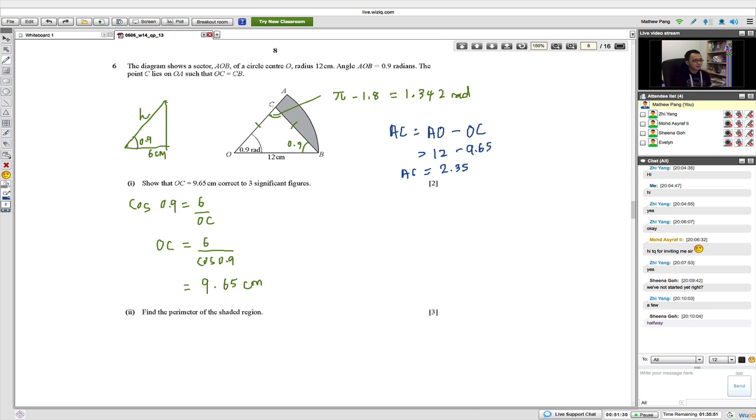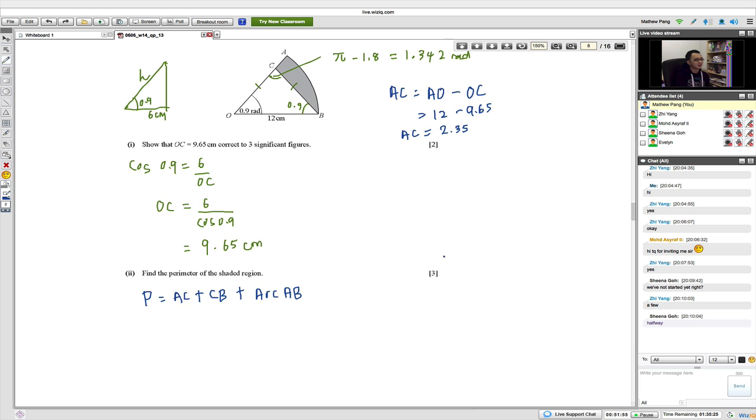Alright. Okay, then I have AC. I have CB. CB is the same as OC, which is 9.65. I just need to find the arc length. So I will write the perimeter equals AC plus CB plus the arc AB. So I get 2.35, CB is the same as OC, 9.65, and the arc length is S equals r theta, isn't it?